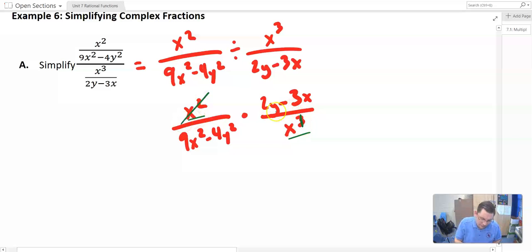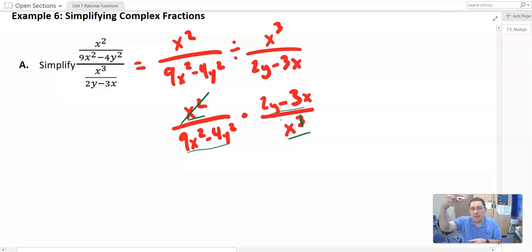But look at this piece and this piece. Look at the variables, right? In the bottom left, we've got squares there. In the top right, we've just got regular. So there's a power change going on. So something's going on. And also down here, we've got the x first and the y with the subtraction, and here the order's backwards.